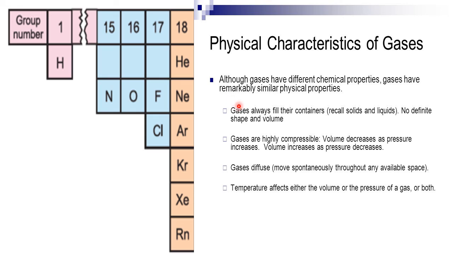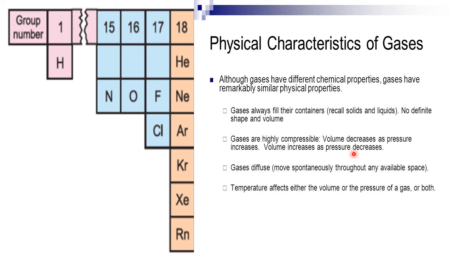What are those properties? Gases always fill their container, they keep moving. That's why they have no definite shape or volume. They keep expanding. Gases are highly compressible: volume decreases as pressure increases, or volume increases as pressure decreases.